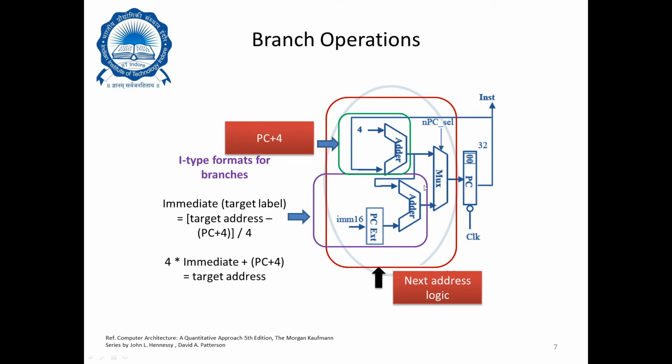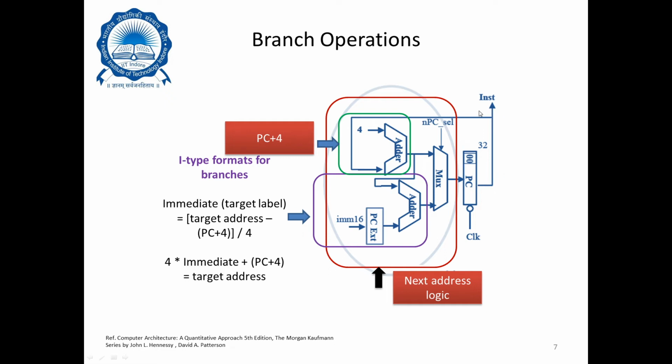So the mux either selects PC plus 4 in case of regular instructions, or chooses the branching address, which is 4 into immediate plus PC plus 4, and that output is sent or stored into PC, and that becomes the value of the updated PC.